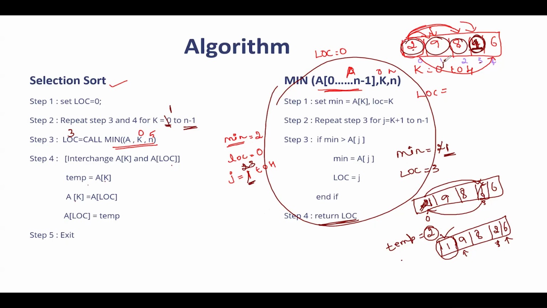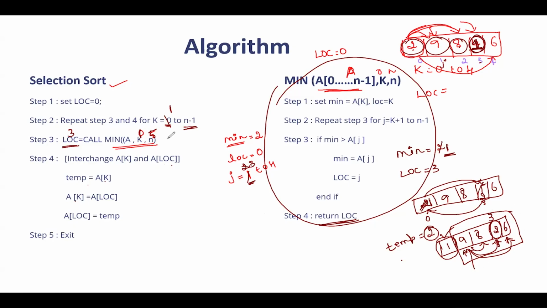That is, now only from 1 to 5 I'm going to call, which means I need to find the minimum in this part only. So once again, I will assign 9 as the minimum. I'll compare it with 8, with 2, and with 6. As we know, 2 is the minimum. Once again, this location will be sent to the location value, and then we are going to exchange a of k and a of location.